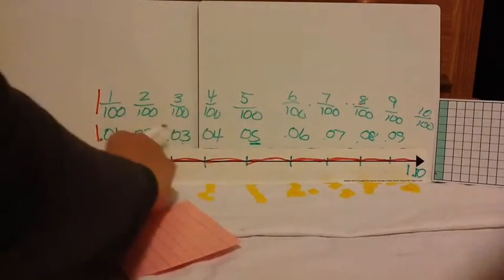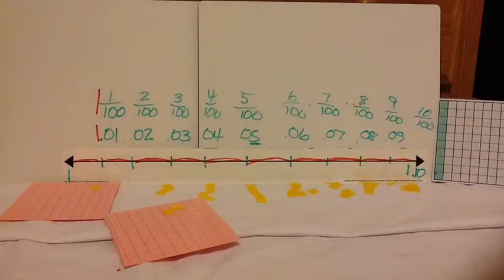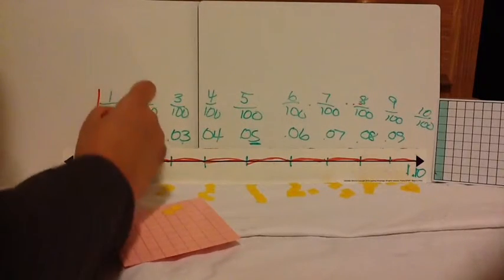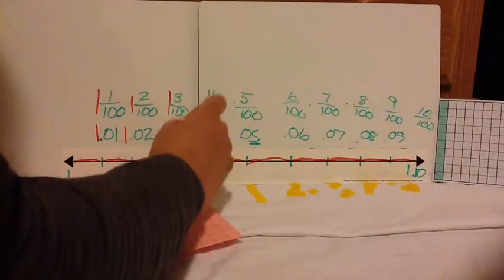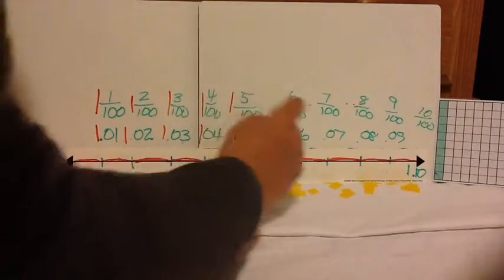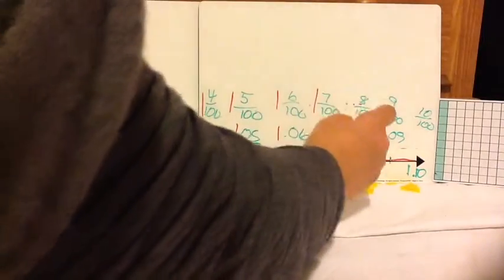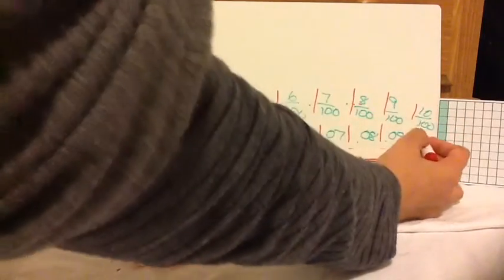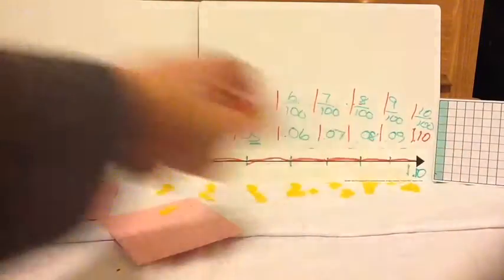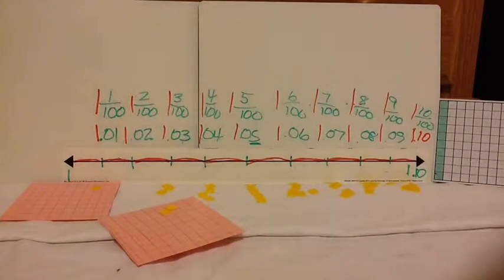Then this is 1 and 2 hundredths, 1 and 3 hundredths, 1 and 4 hundredths. Keep going. Exactly how you read the fraction is exactly how you read the decimal. When you see a decimal, you need to say the word and.